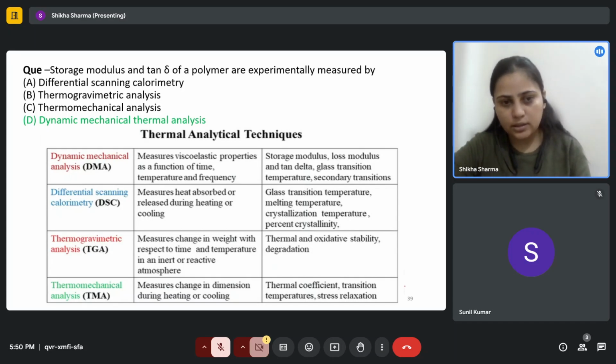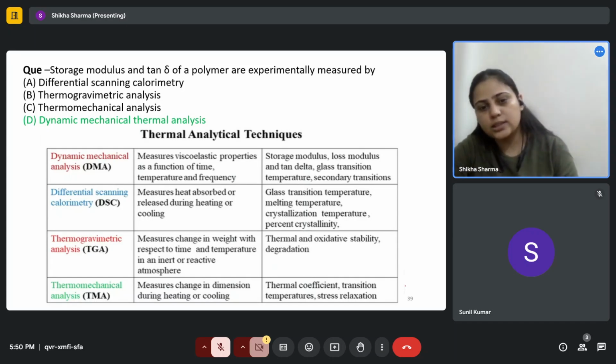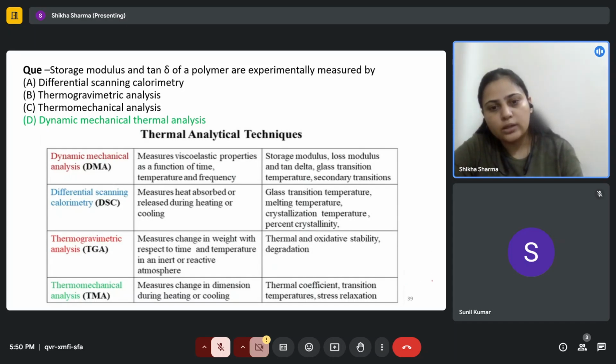Then third is the thermomechanical analysis, TMA, which is used to calculate the change in dimension during heating and cooling, the thermal expansion coefficient, transition temperatures, and stress relaxation values. So our option D is correct, because the viscoelastic properties, which are the storage modulus and tan delta, are calculated with the help of dynamic mechanical thermal analysis.